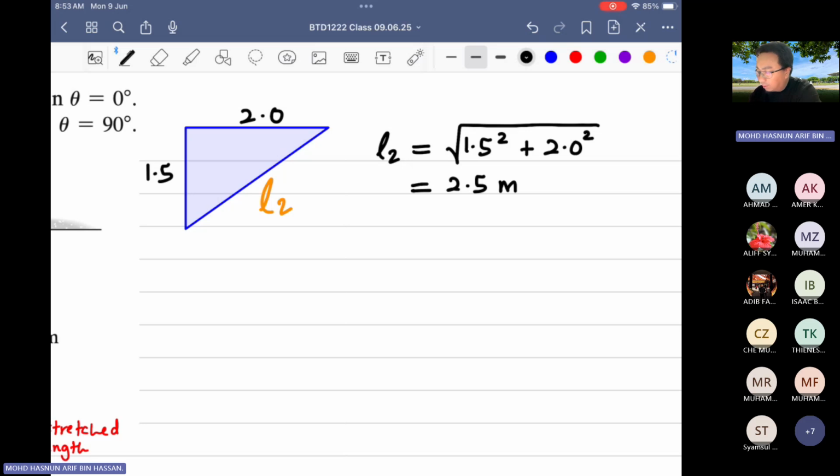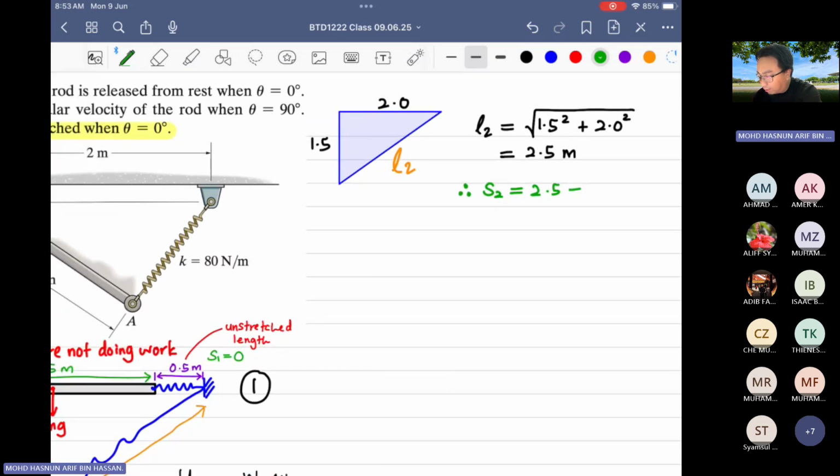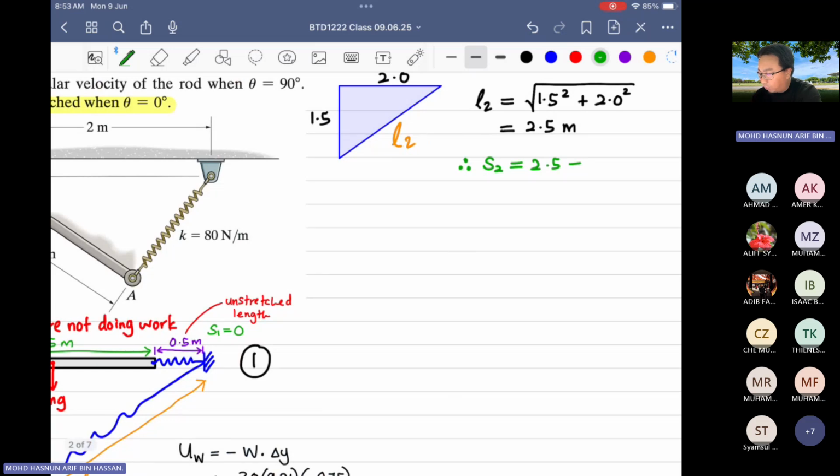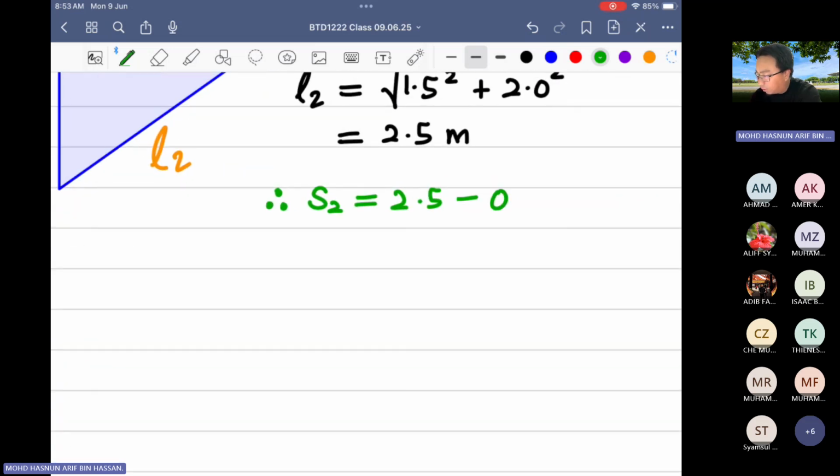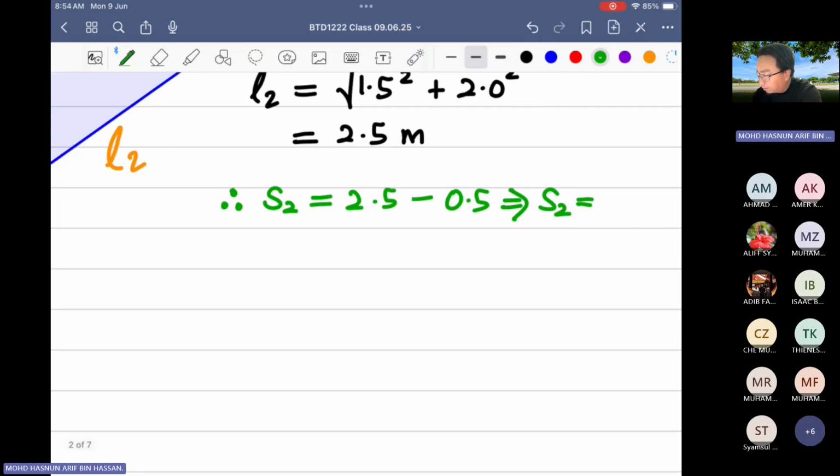Therefore we can get S2, the elongation of the spring at position 2, which is L2 minus the unstretched length of 0.5. So S2 equals 2 meter.